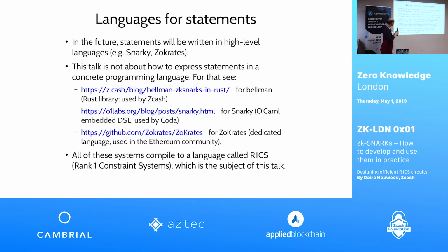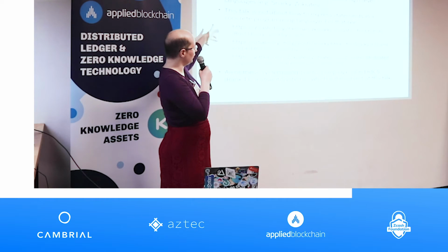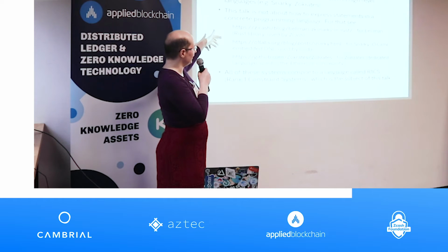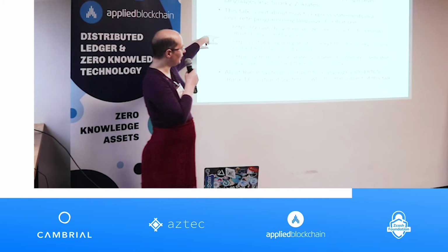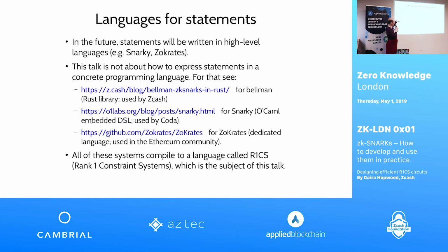So here are some examples of higher level programming languages that would compile down to this low level representation. So we have Bellman, which is a Rust library, and that's what Zcash uses. That was written by Sean Bowe mainly. We have Snarky, which is developed by O1 Labs.